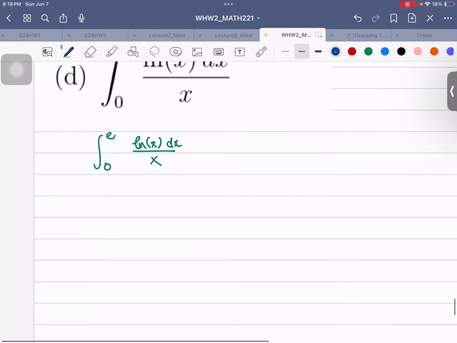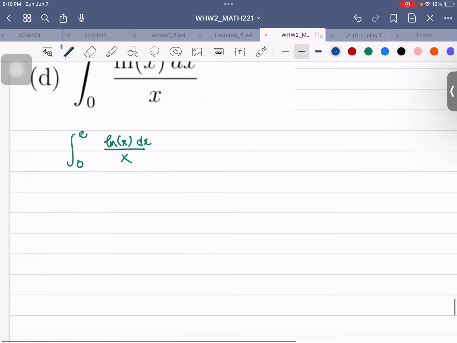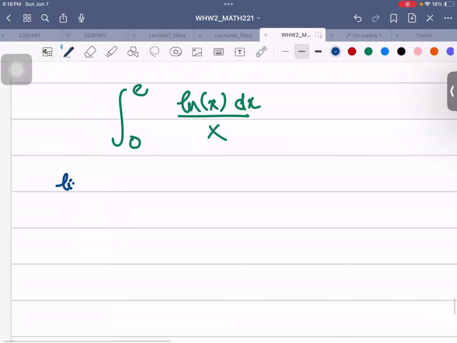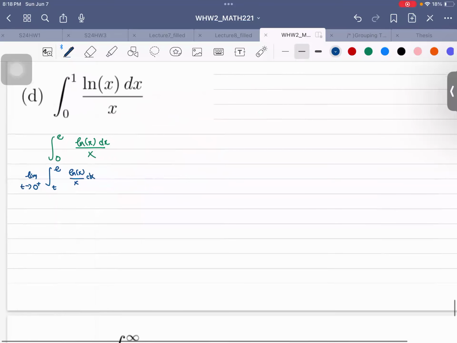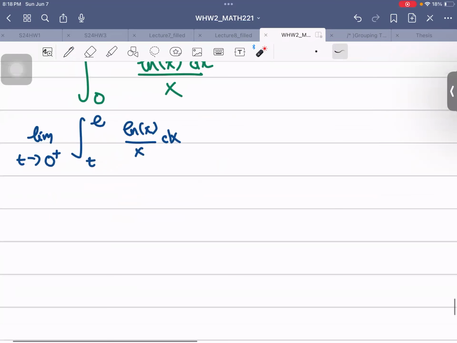Therefore, you're going to replace the lower bound by t. So the limit as t approaches 0 from the right side of the integral from t to e of ln of x dx. In this question, I just changed the upper bound: instead of 1, I have e. But the idea is the same.